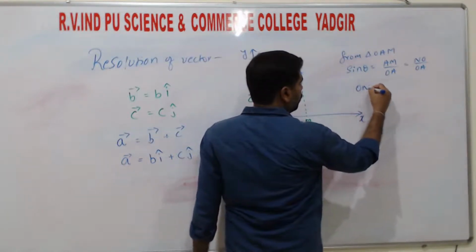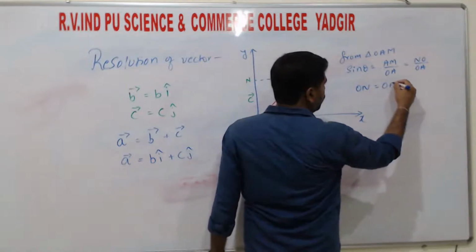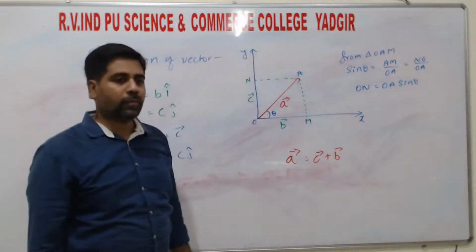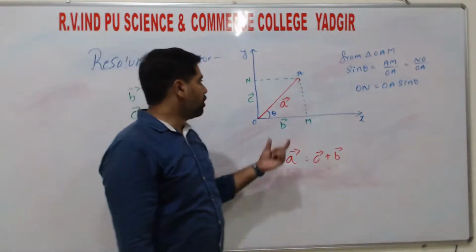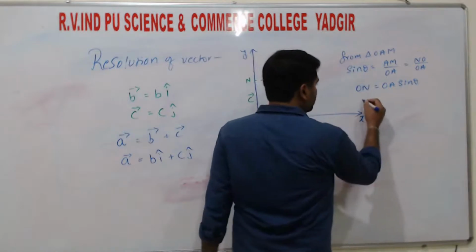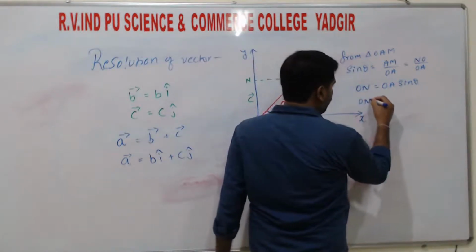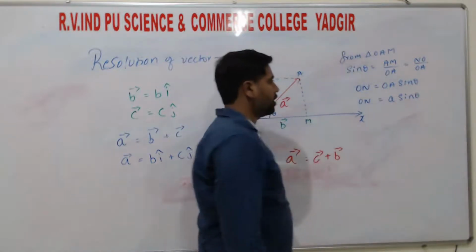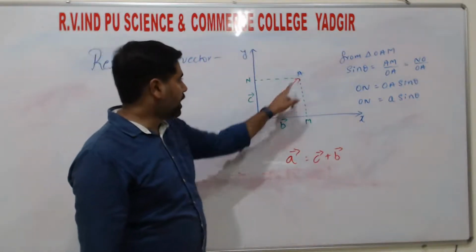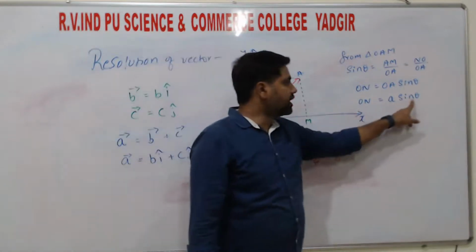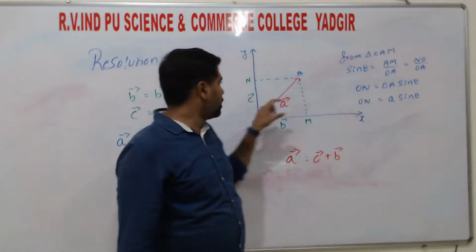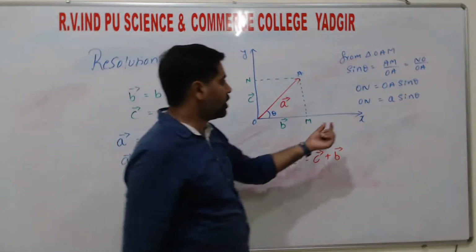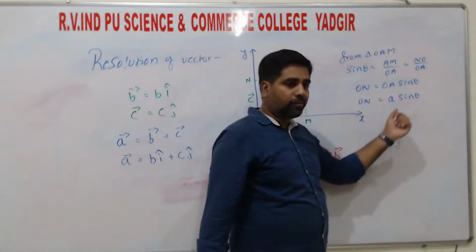So ON is equal to OA sin theta. OA is the magnitude A, so ON, that is the magnitude of C, can be written as A sin theta.